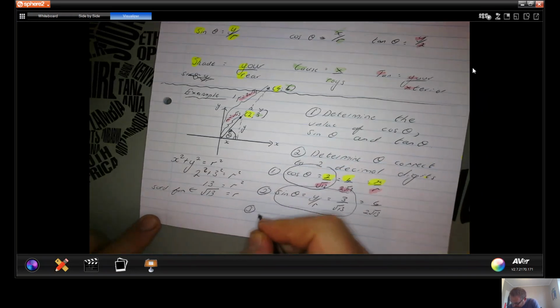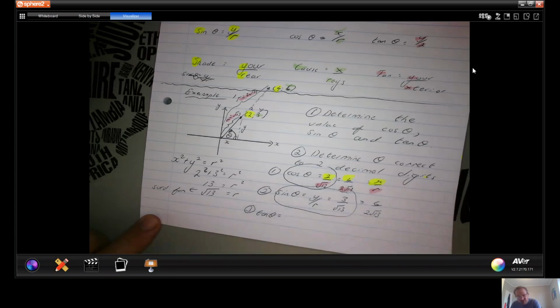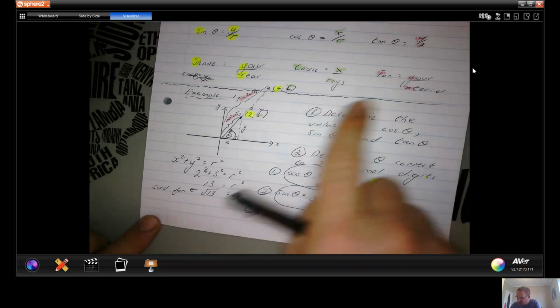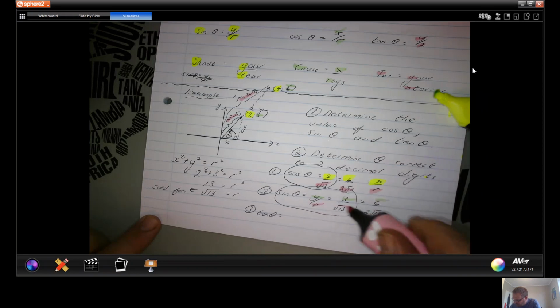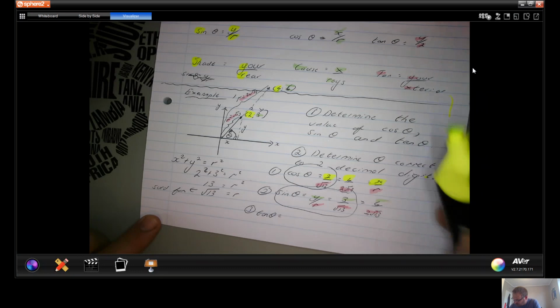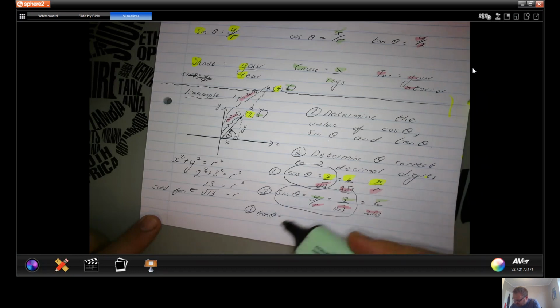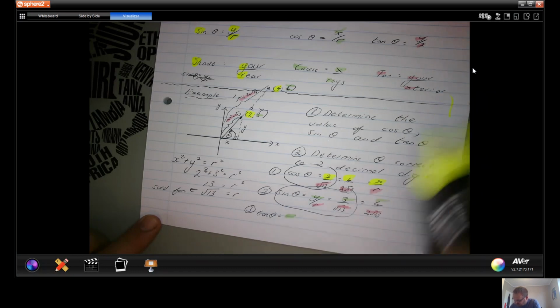Last of all, tan theta would be equal to the y coordinate over the x coordinate. That's the definition of tan. The y coordinates were in green, the radiuses were in red, and the x coordinates in yellow, so it's going to be green over yellow.